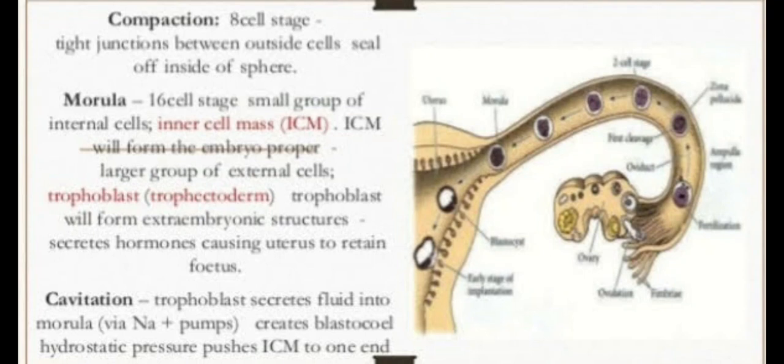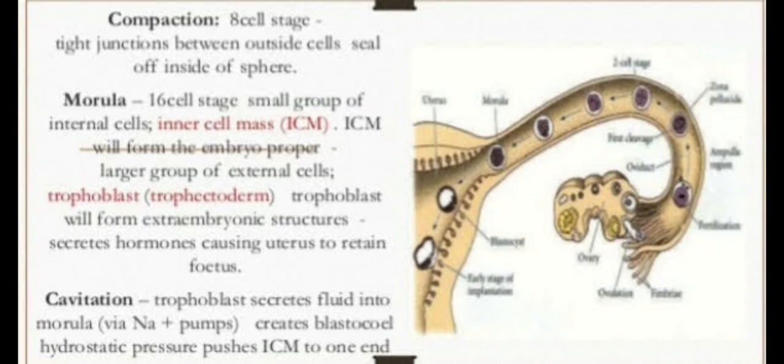We were discussing compaction. So, what is compaction? Compaction is an 8 cell stage. Here, there is tight junction present between the cells and they seal off inside of a sphere.